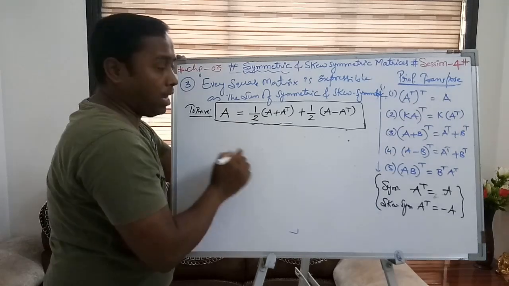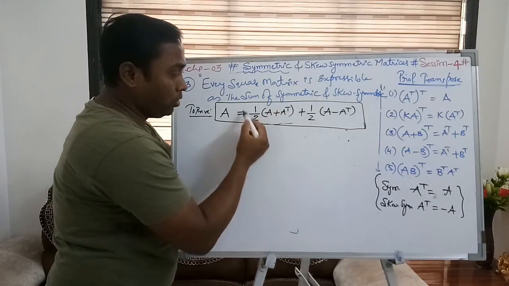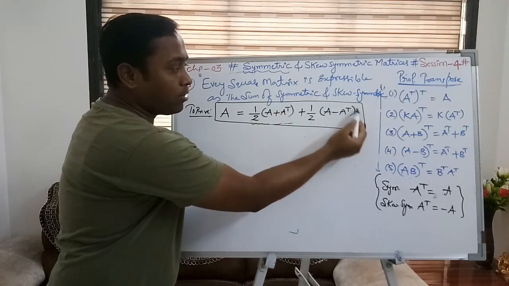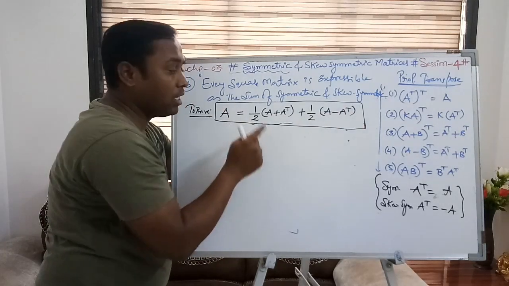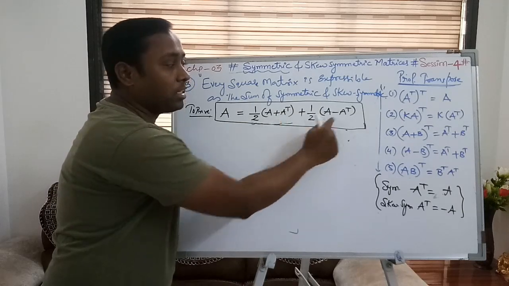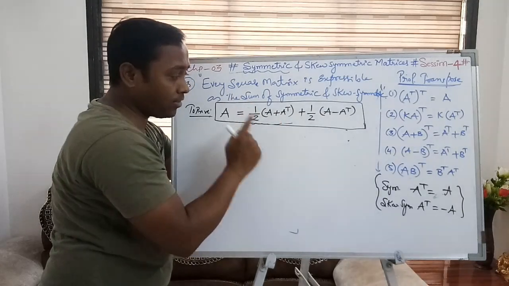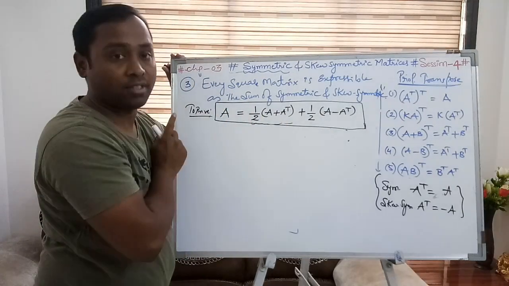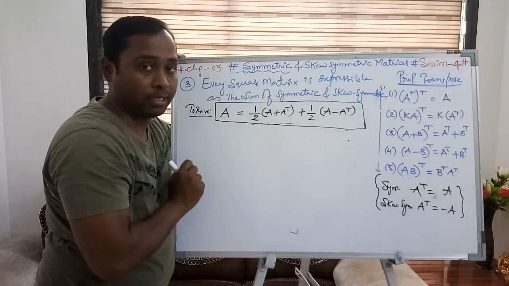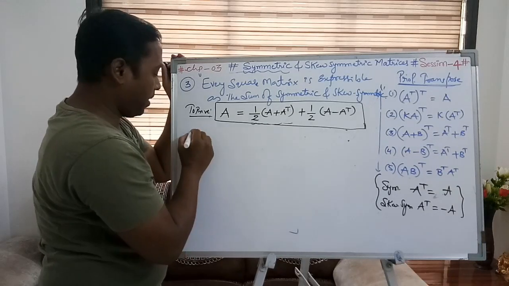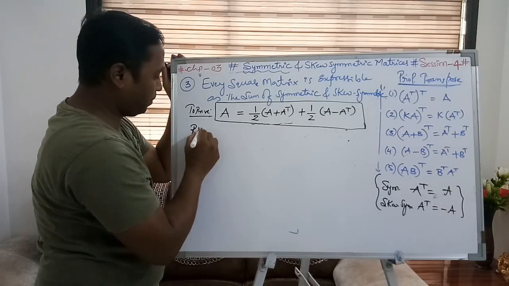To prove this, again I have to show this operation is symmetric and this operation is skew symmetric, as we have already proved. Hence I can use the previous results as standard statements to prove this statement. So I am taking the right hand side.